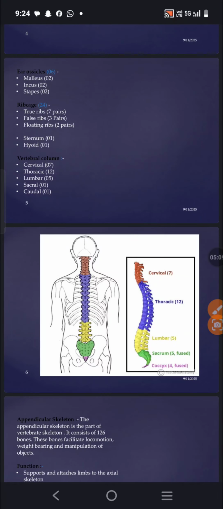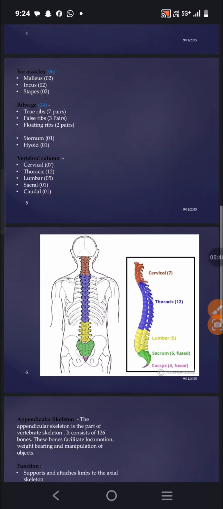The sacral region also consists of 5 bones, but all are merged together, so it is counted as a single bone. Similarly, the caudal region is made of four bones, but all of them merge into a single bone and are counted as a single bone.